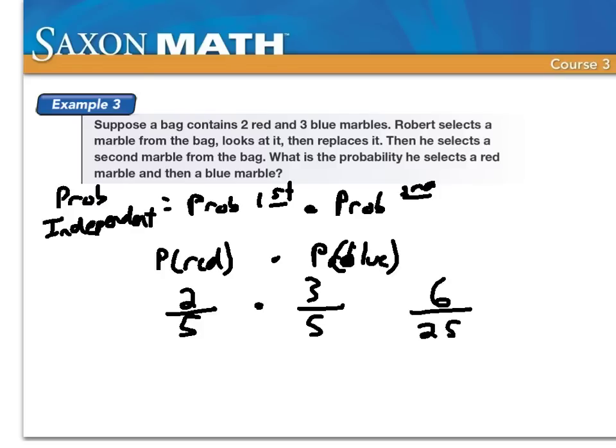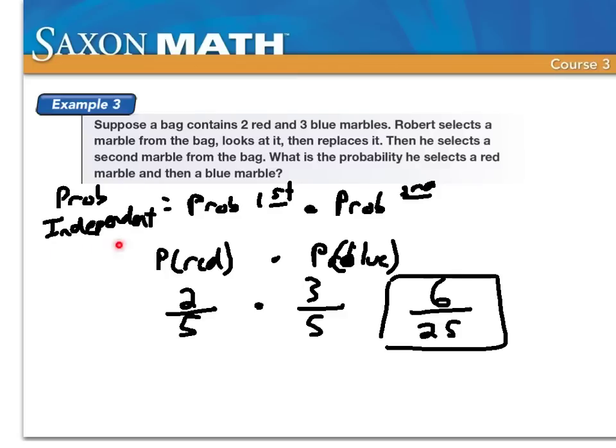So the probability that he selects a red marble and then a blue marble is 6 out of 25. So 6 out of every 25 times he does this experiment, he should draw a red and then a blue, first and second. And this number, if we could, we would reduce it, but there's no number that goes into 6 and 25, so we leave it.